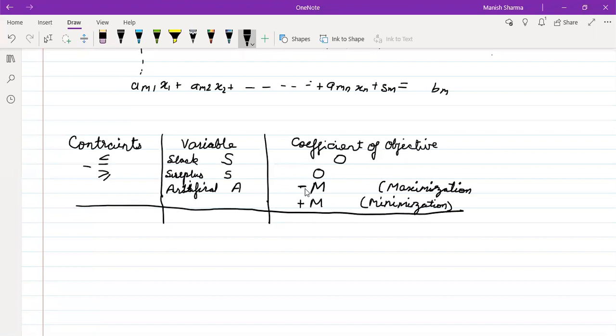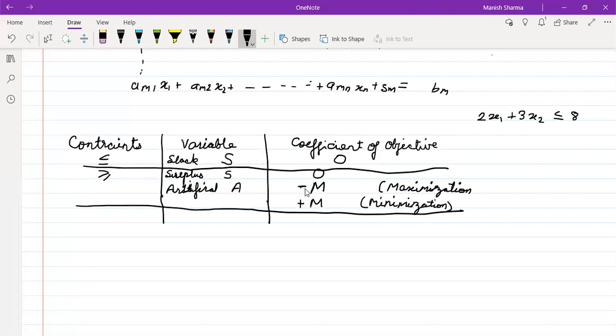See, for less than equal to, we have added a slack variable. A slack variable indicates that this much quantity was underutilized, isn't it? For example, say there are two machines, and 2x1 plus 3x2 should be less than equal to 8.